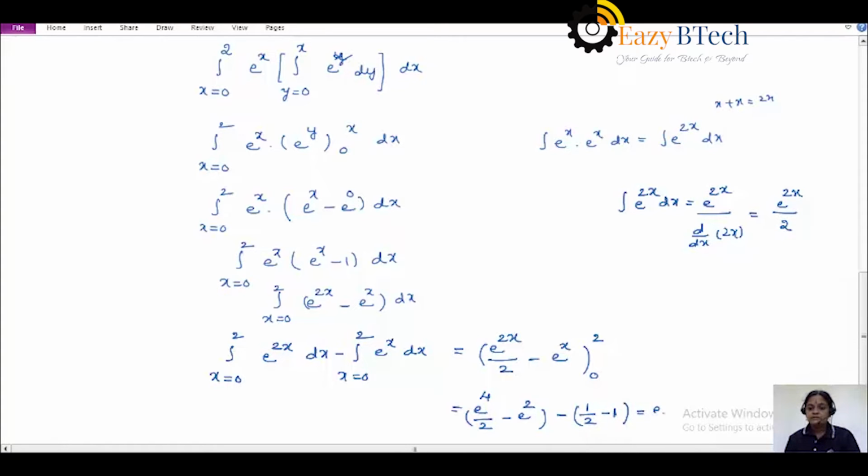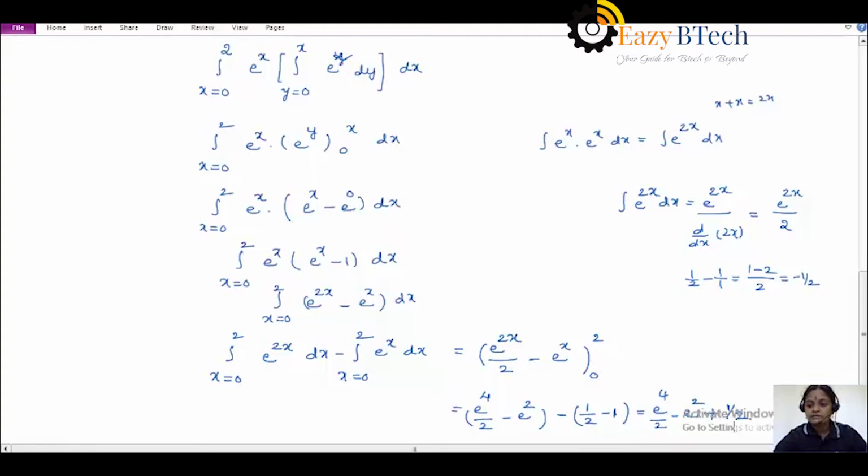So that is e power 4 by 2 minus e power 2, and 1 by 2 minus 1, students. 2 is the LCM and 1 minus 2 is minus 1 by 2, and here also one minus is there, then the value becomes plus 1 by 2. So that's the answer of this question.